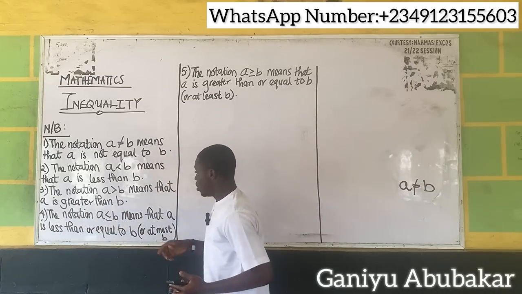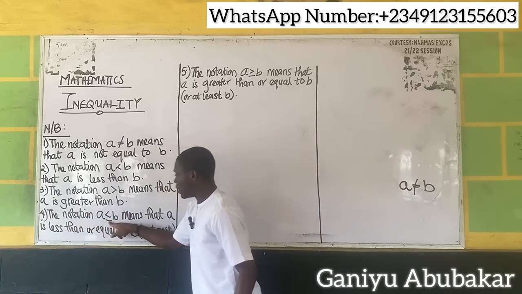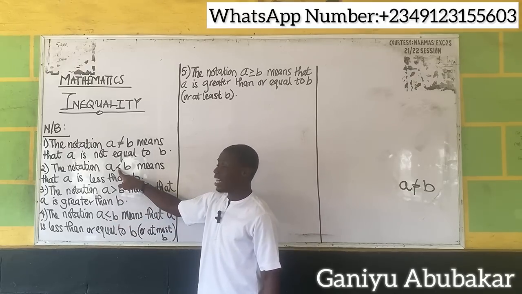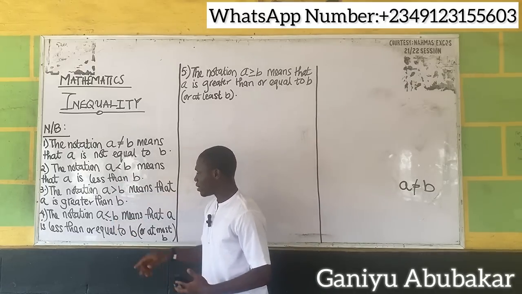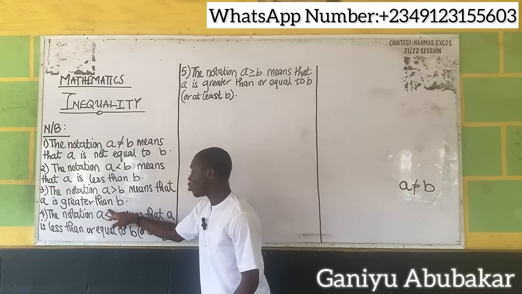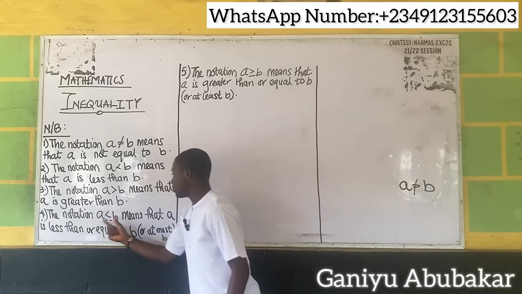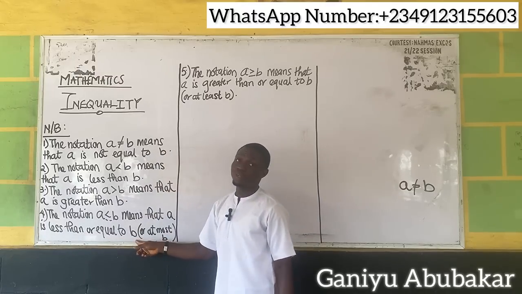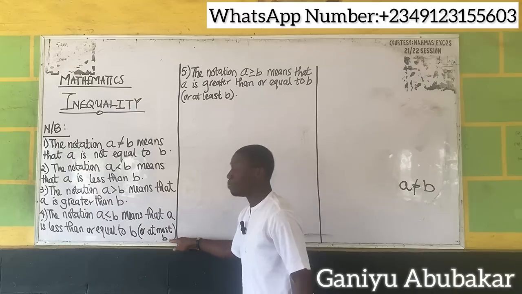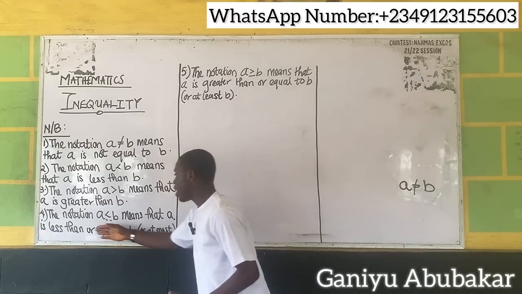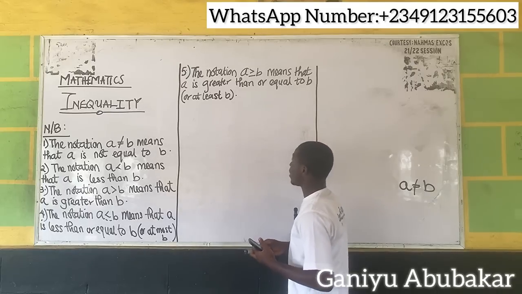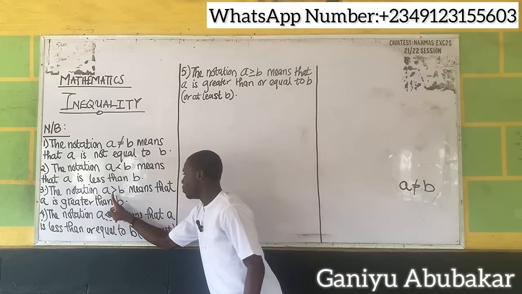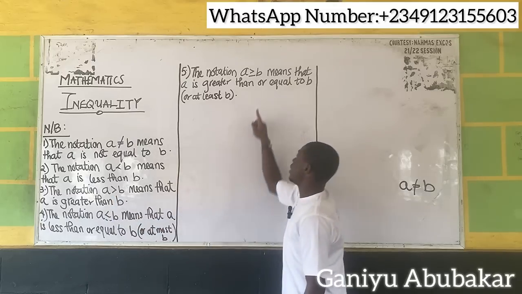Second to last, I have the notation A ≤ B. We said the less than sign, but I have a line under it. So this means less than or equal to. The notation means that A is less than or equal to B, or you call it at most B. Finally, I have the notation A ≥ B. We said this means greater than, and I have a line under it.